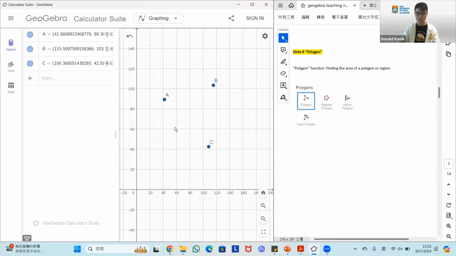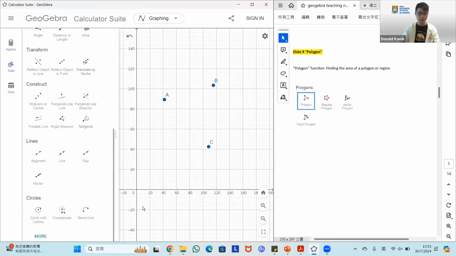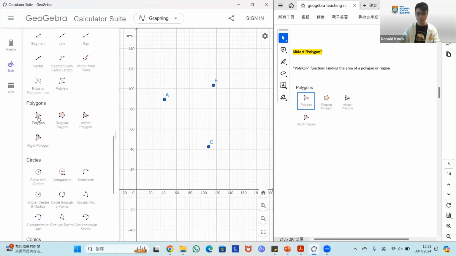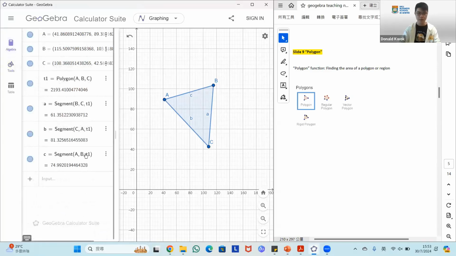Scroll down and click More, and then there will be something called Polygon. To find the area of a region, select the vertices of the region and then end with the first point that you started with. With that, the value of the area is shown on the algebra panel here, 2,193 point something.